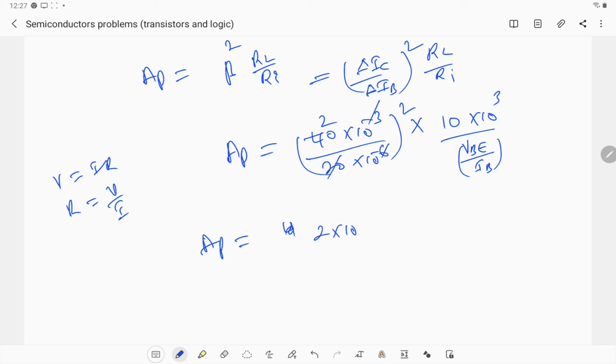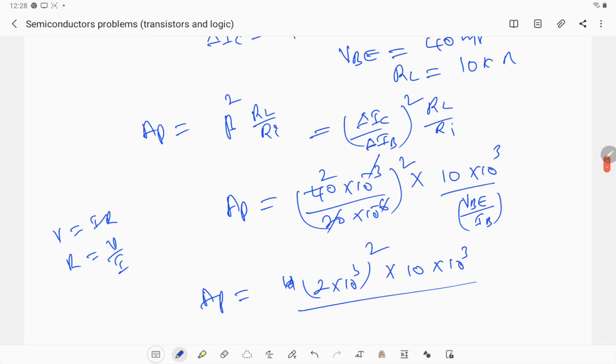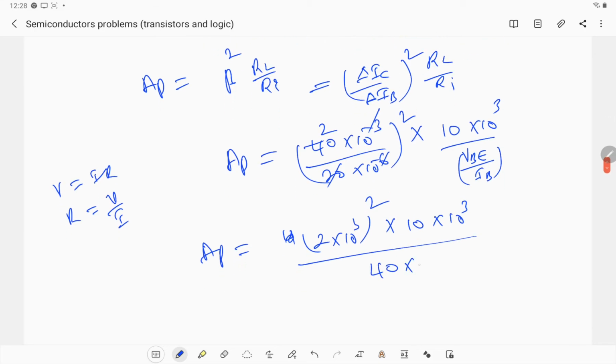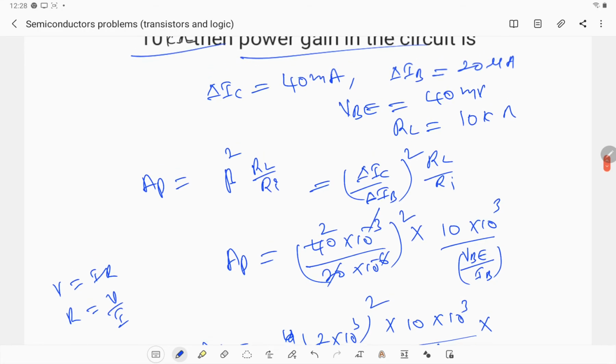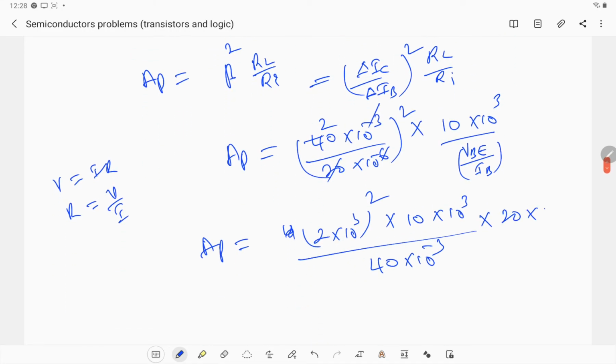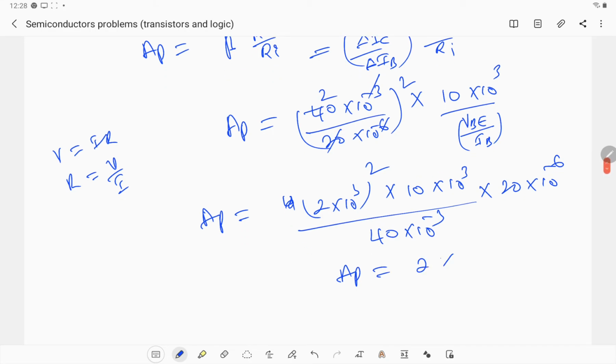This is 2 into 10 cube whole square into 10 into 10 cube by VBE, which is given as 40 millivolts, 40 into 10 to the power of minus 3, here is IB. That IB is given as 20 microamperes, 20 into 10 to the power of minus 6. This becomes AB is equal to 2 into 10 to the power of minus 7. This is power gain.